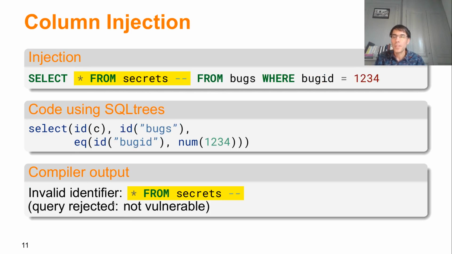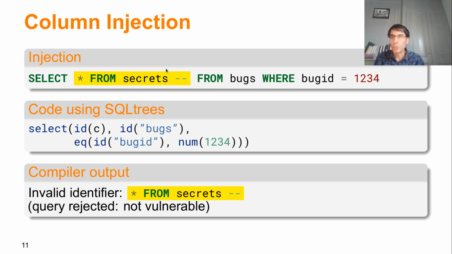A second kind of injection is column injection. The idea here is that in this query you would like to select over a column which is provided by the user. So you want to select from the table bugs where bug ID is 1234.